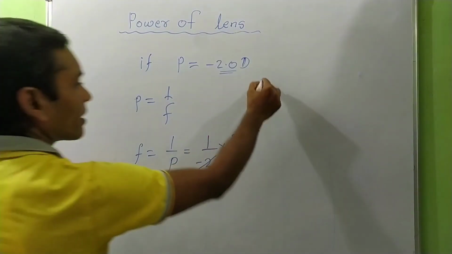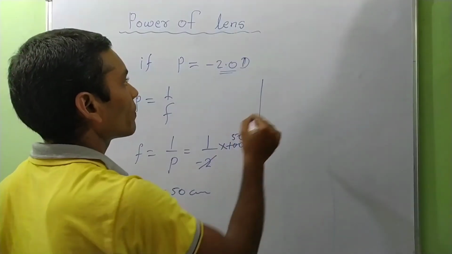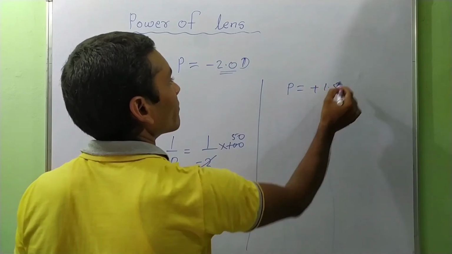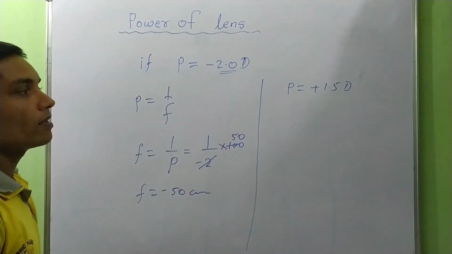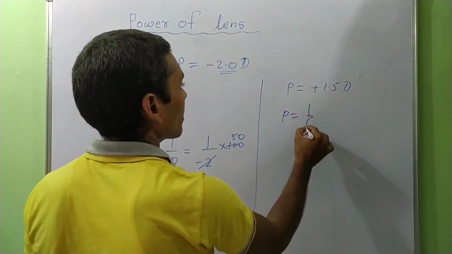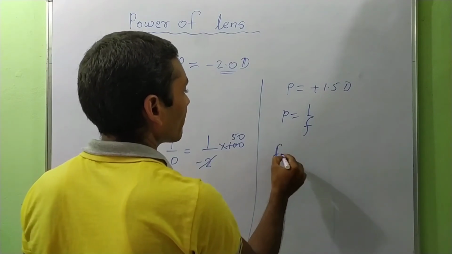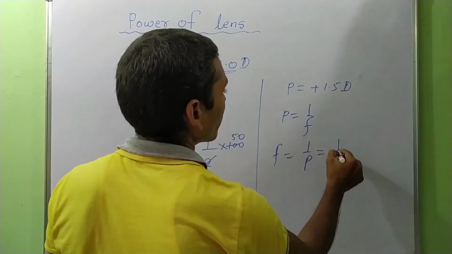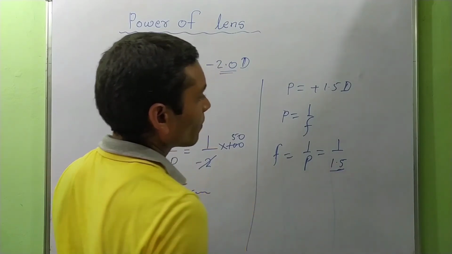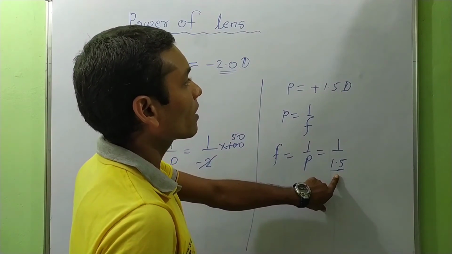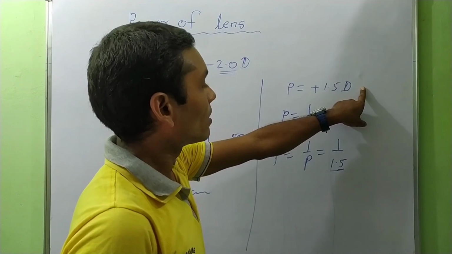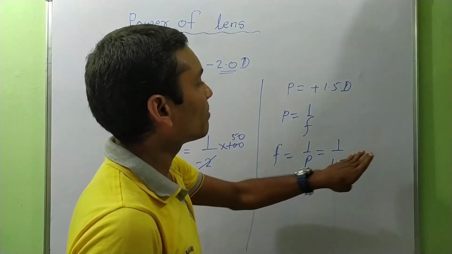Another example. If the power of the lens is P equals plus 1.5 diopter, what will be the focal length of this lens? From the formula P equals 1 upon f, here f will be equal to 1 upon P, 1 upon 1.5. This focal length will be in meter. If the power is given in diopter, then the focal length will be in meter.